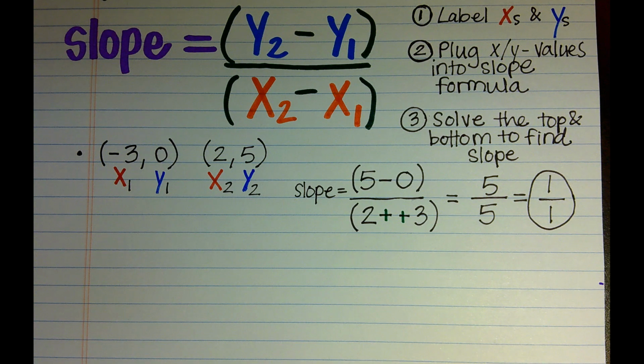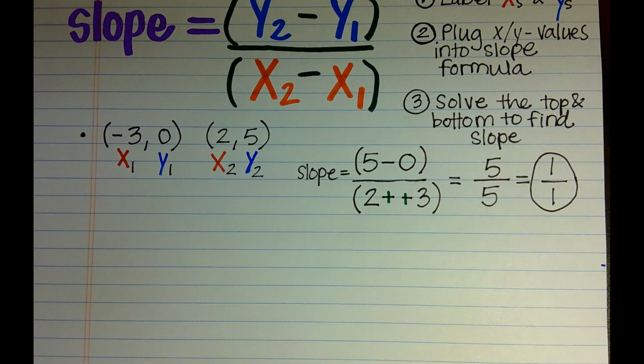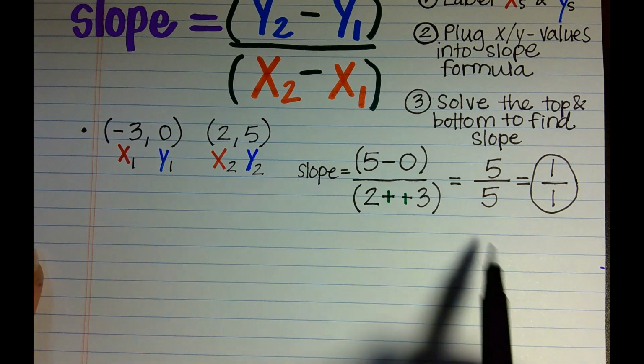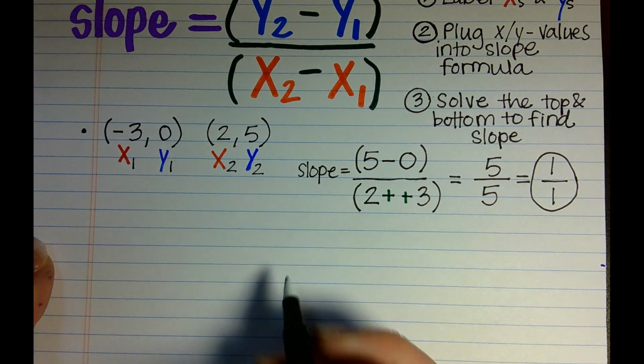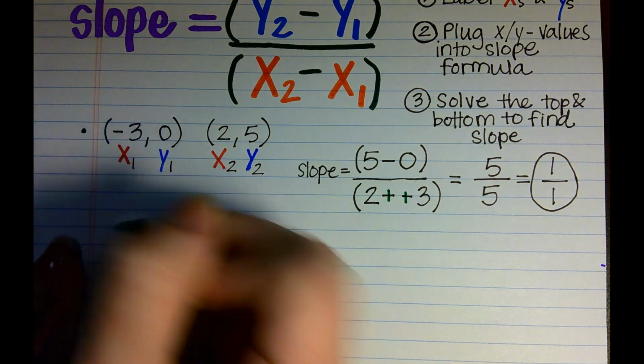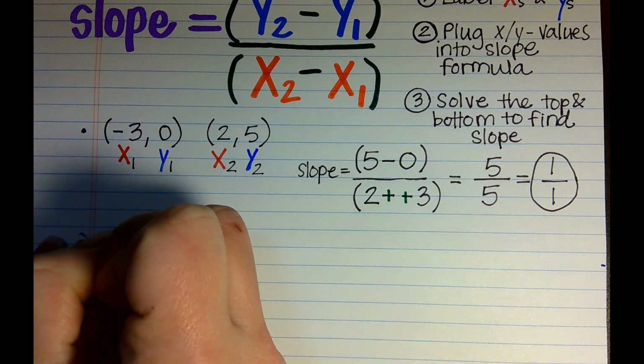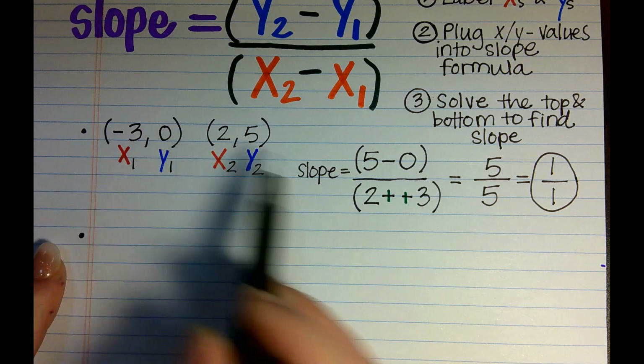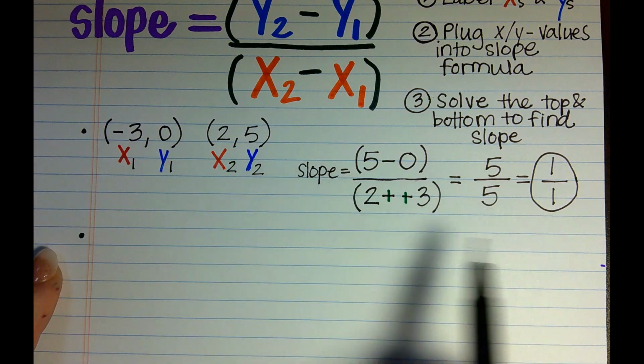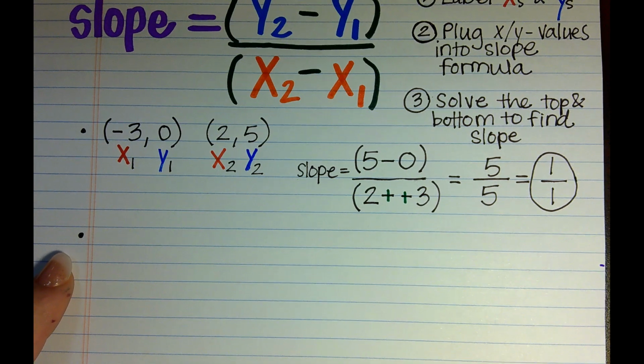Let's do another one or two more together. And then I'm going to have you guys try some on your own and see how we do. Before I start working out another one, do we have any questions about this one we just did here? Does everybody see where we got our answer from?